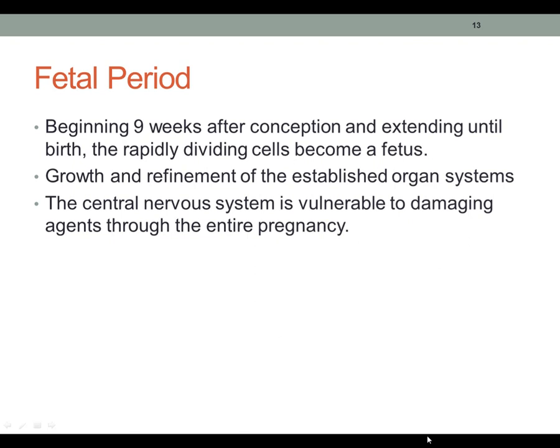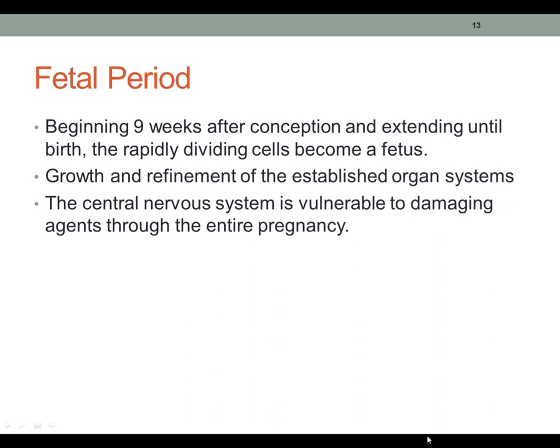So growth and refinement of the organ systems, the central nervous system is vulnerable. So the 9th to the 12th week, the body grows faster than the head and fetal movement begins. But normally mom can't feel these movements yet because the fetus is still really small.